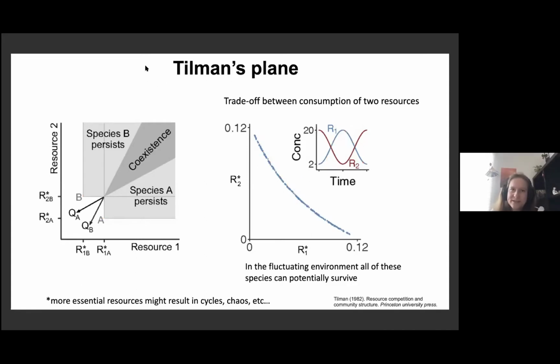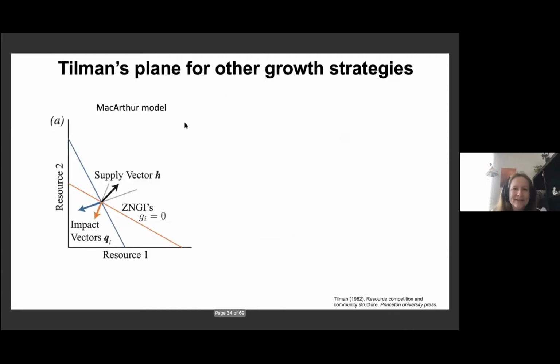And the majority of the papers about the Tilman model are honestly very complicated and very theoretical, so I don't really want you to dig into the details of that during my talk. But one small thing to highlight is that if you were wondering how MacArthur assumptions will look in this resource plane, they look like lines. And basically, those points are also defined by this steady state resource concentration.